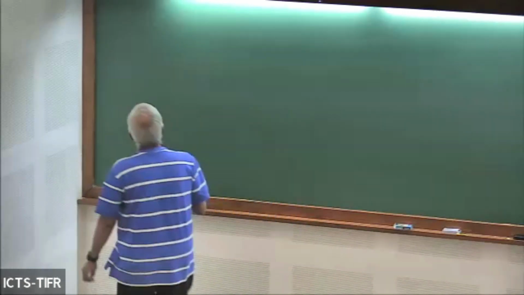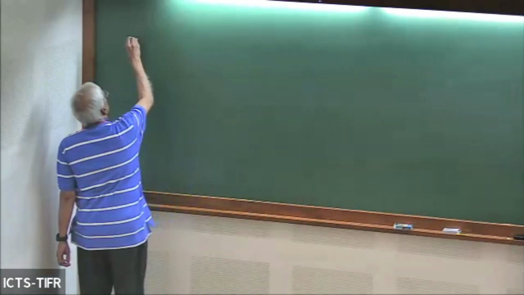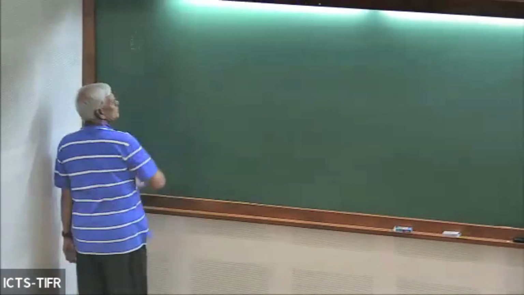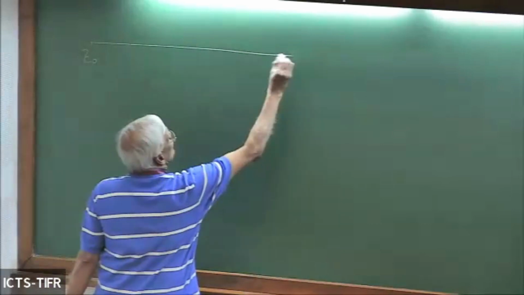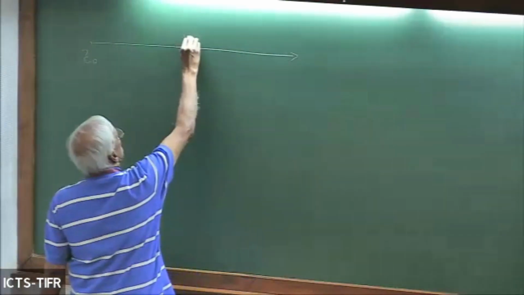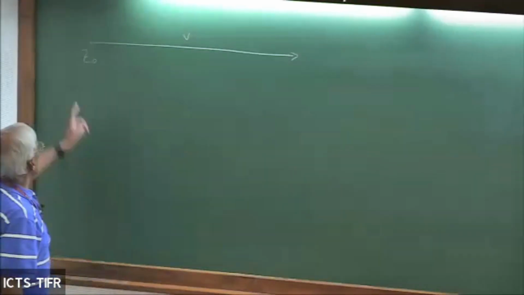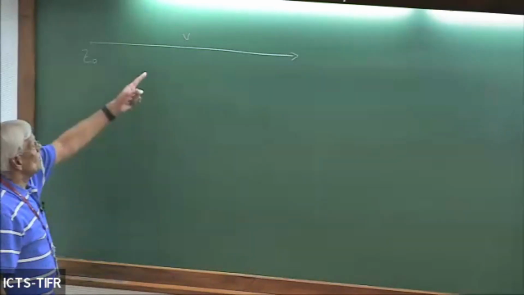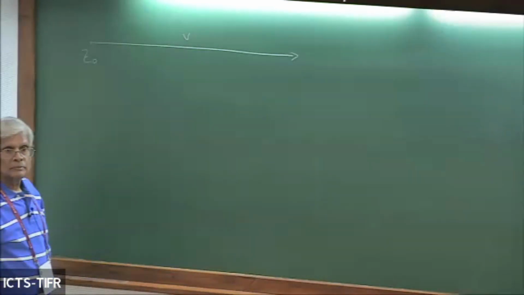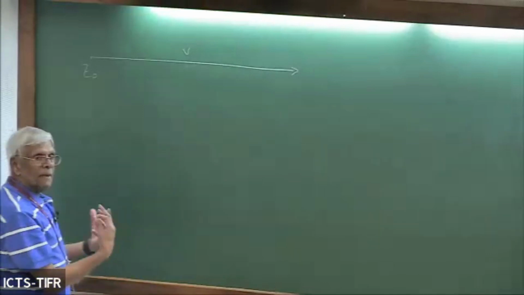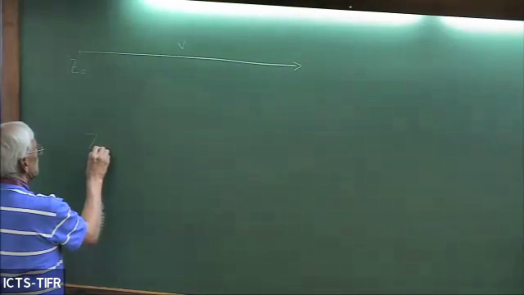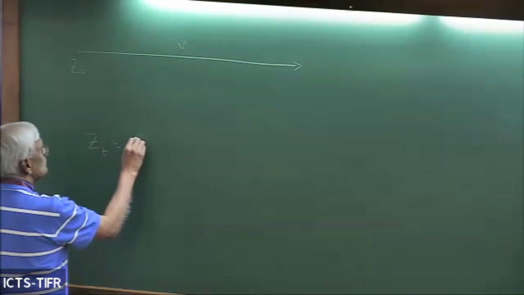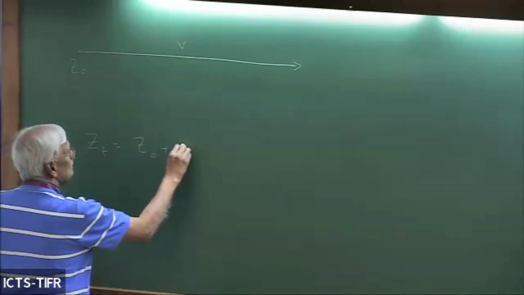Suppose there is a point z0, that is a starting point, and the particle is moving on a straight line with a constant velocity v. I don't know where it started. I don't know what the velocity is. But applying the basic physics, I do know the position at time t must be equal to z0 plus vt.